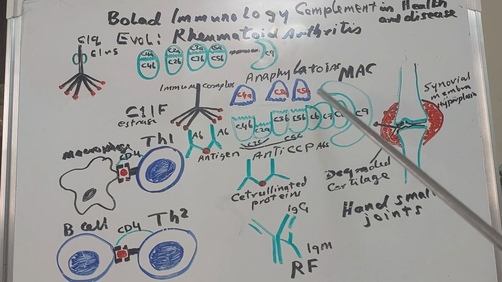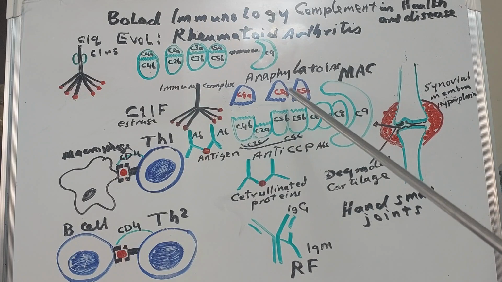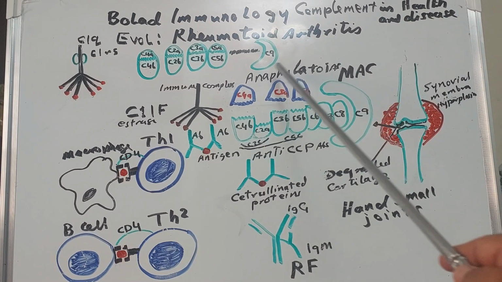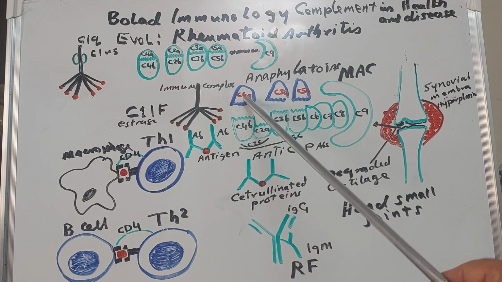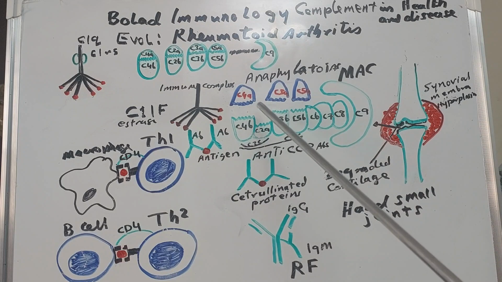And C5a, as you know, stimulates influx of cells. So these short fragments cause increased capillary permeability, vasodilatation, influx of cells, and this will lead to inflammation.